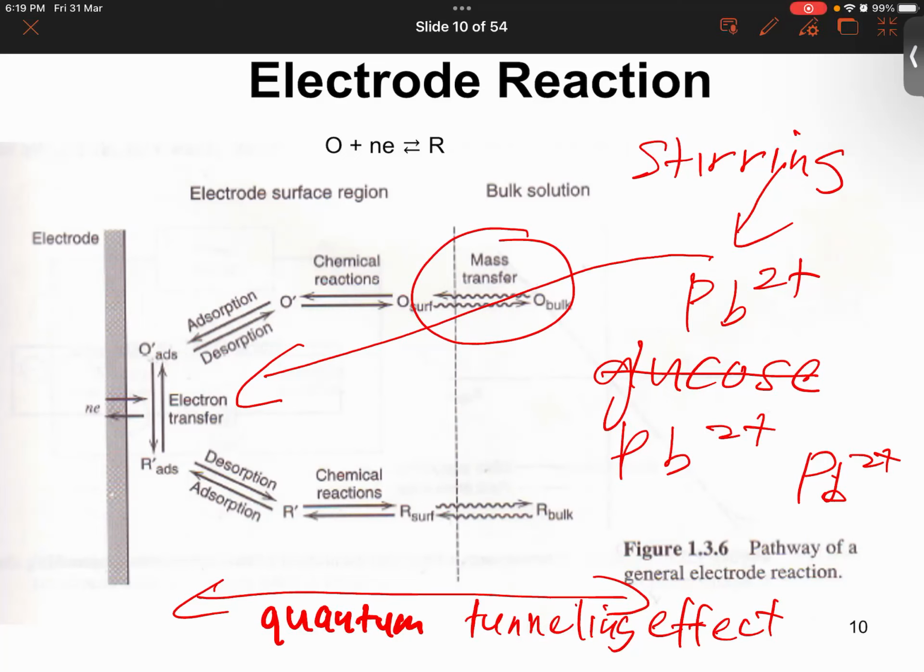So please don't imagine that they walk like us. It's not simply that they can move. That's why sometimes you have to stir, so that the analyte moves towards the surface of the electrode. After some distance, then you can see the chemical reactions can start to happen.